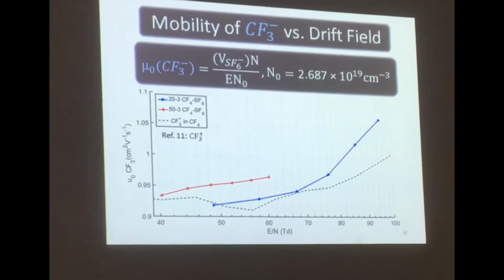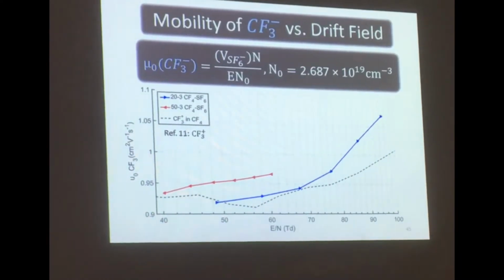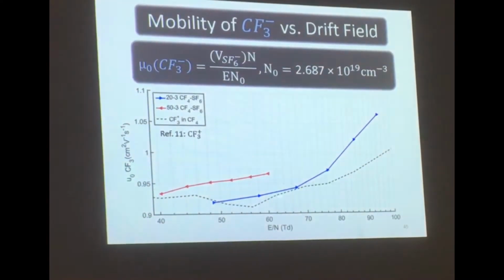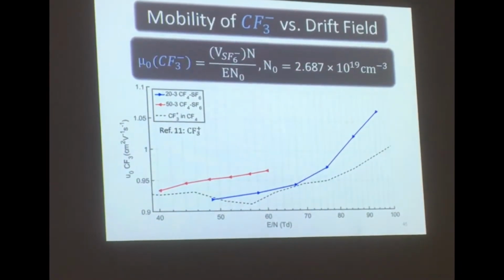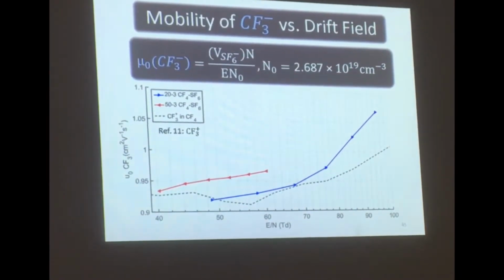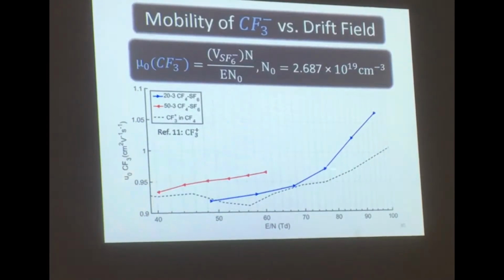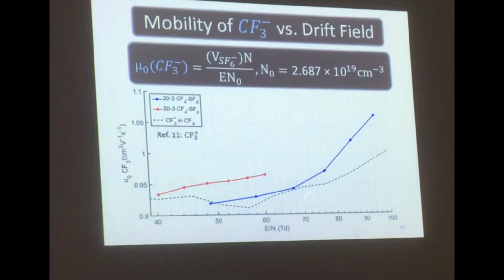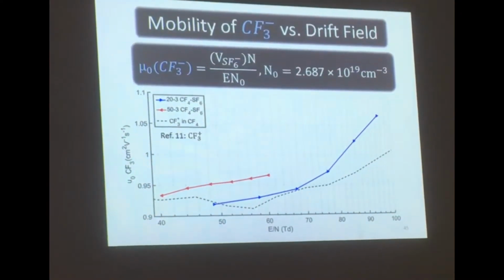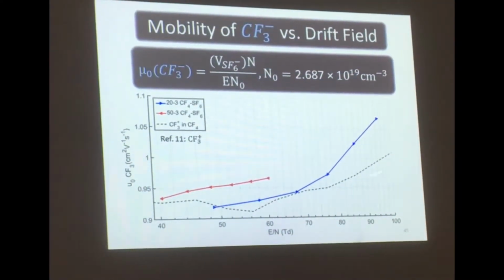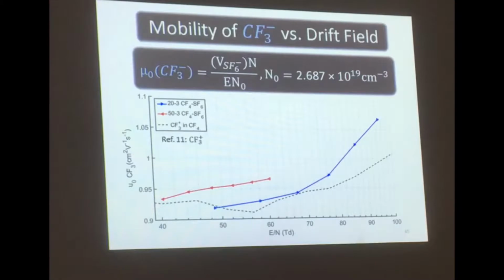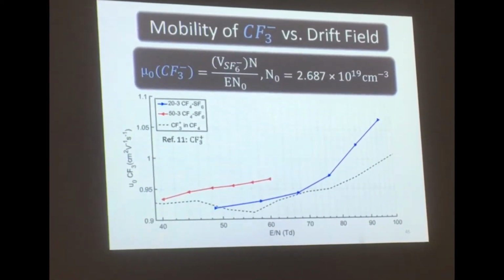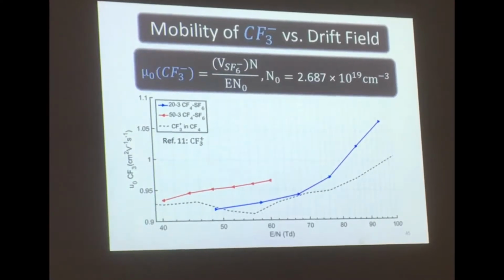The negative ions are drifting in sort of this quasi-thermal way with the bulk gas, but when this happens, it's not drifting thermally anymore. You see that happens around 65, 70 Townsend. I also want to point out that I searched the literature and couldn't find any mobility measurements for CF3 minus.